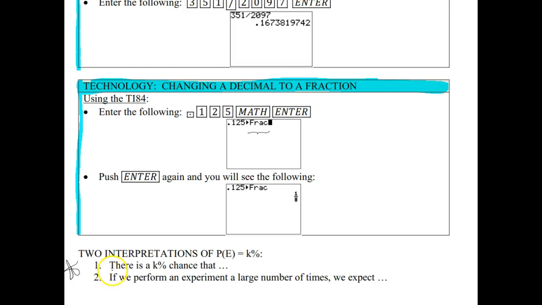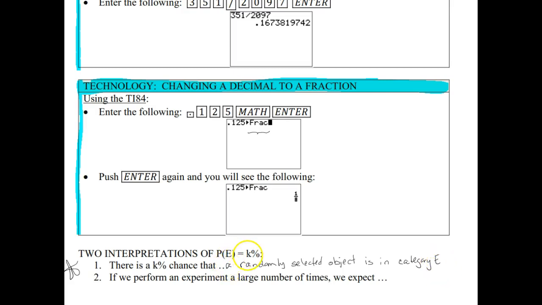So the first one here, we can say there is a k% chance that a randomly selected object is in category E, which is what that's going to look like as we start looking at things more back to data and as we categorize things.